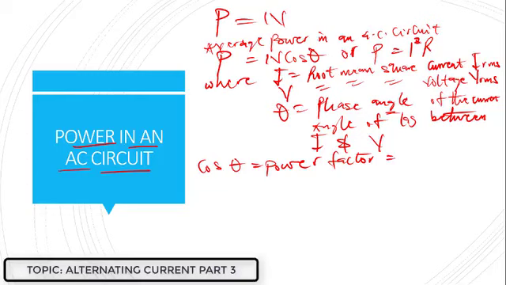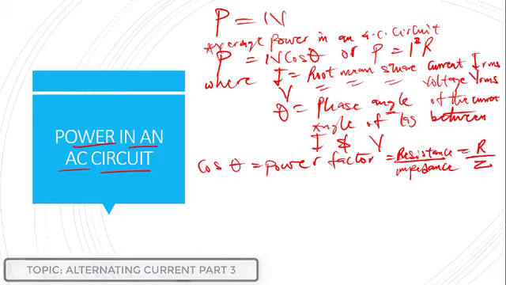The power factor of an AC circuit is given by resistance over impedance, which is equal to R over Z. Let's take this very simple question.